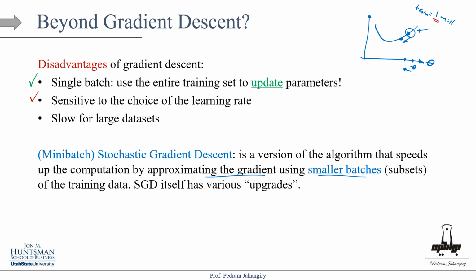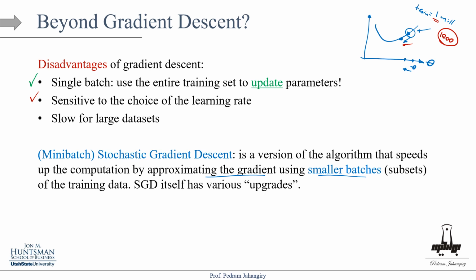I'm going to use a batch of that, let's say 1,000. So I'm going to use 1,000 random observations from the 1 million and then make an update. This update is not going to be as accurate as the previous one because we're using fewer samples, obviously, but it's a good approximation of that gradient, right? That's the whole point of batch gradient descent.